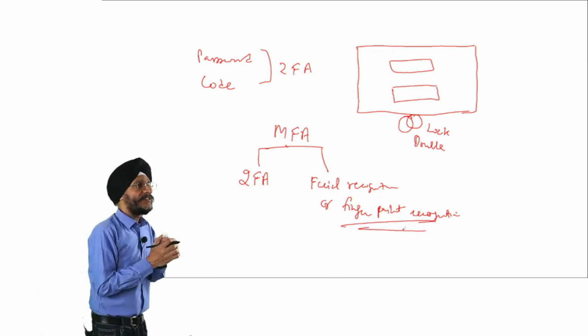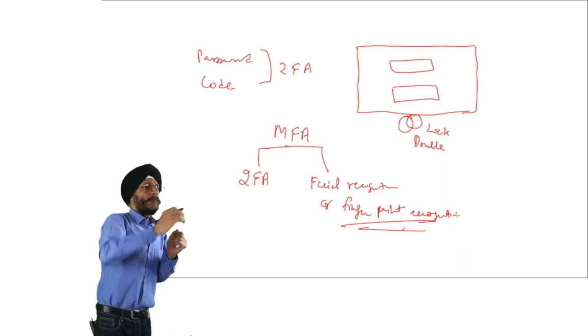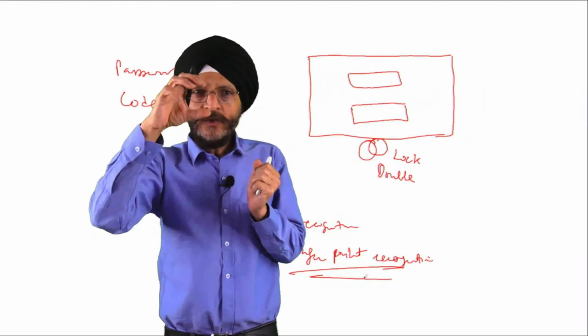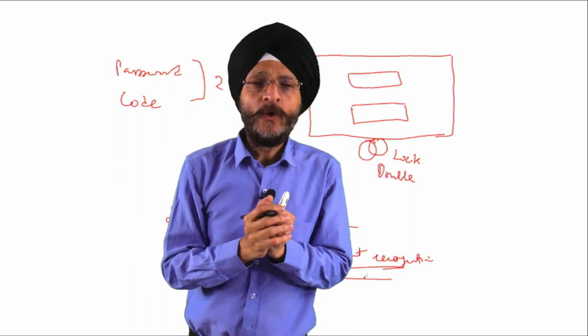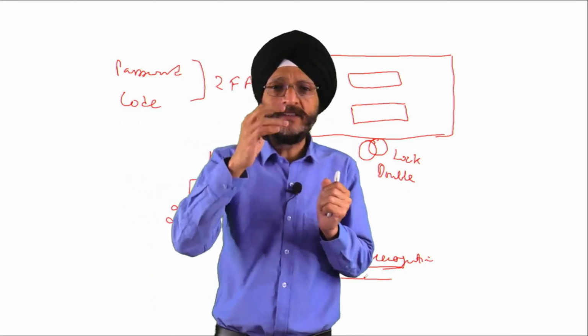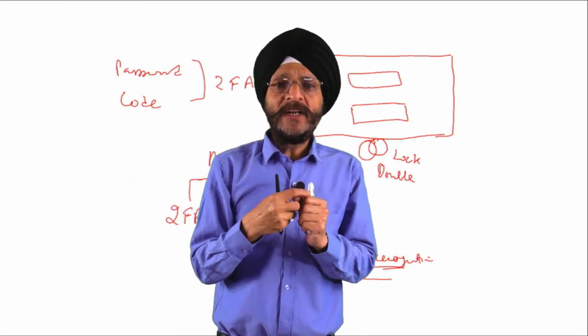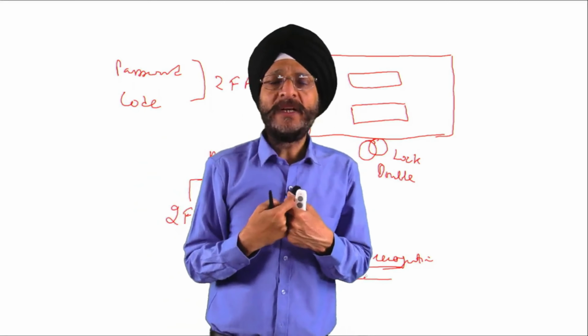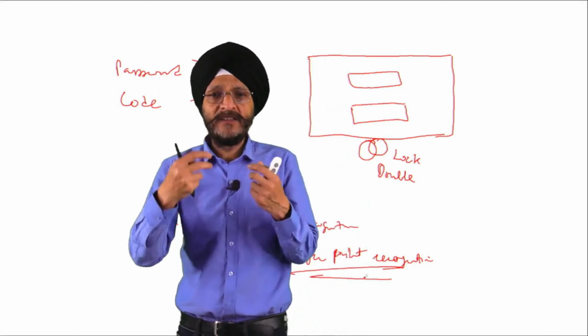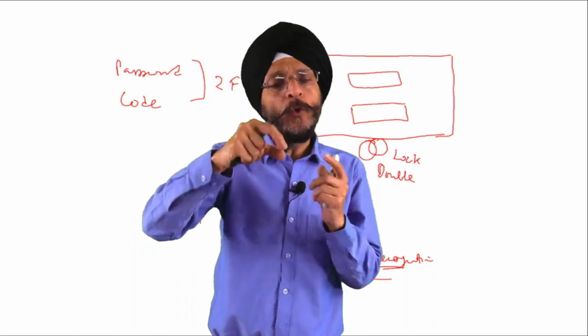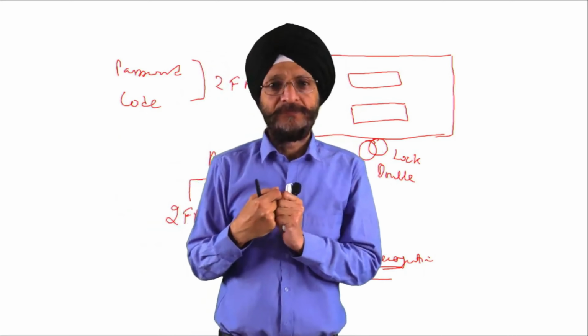Multi-factor authentication is more powerful than two-factor authentication, because in the case of two-factor authentication, to open a website, two steps have to be followed. In the case of multi-factor authentication, we may have to follow two or more than two steps.